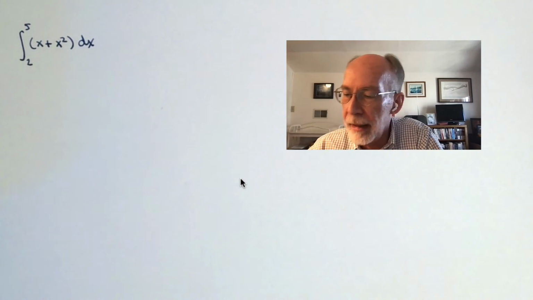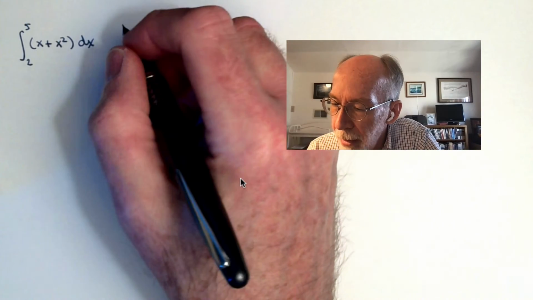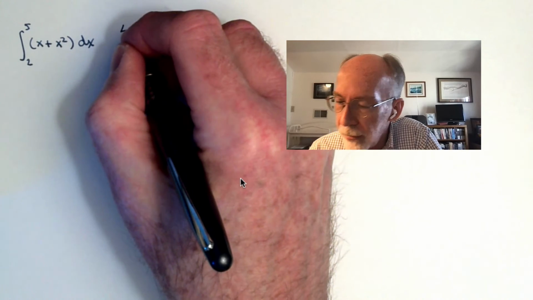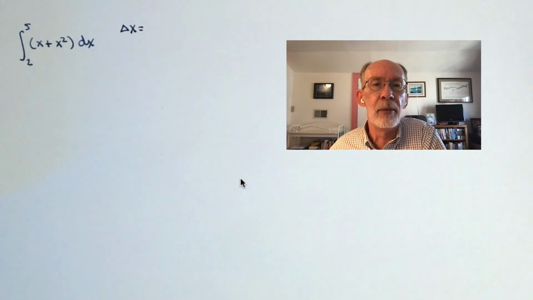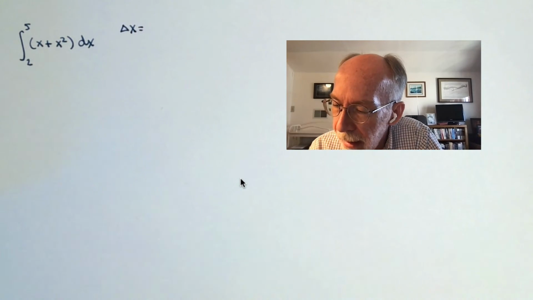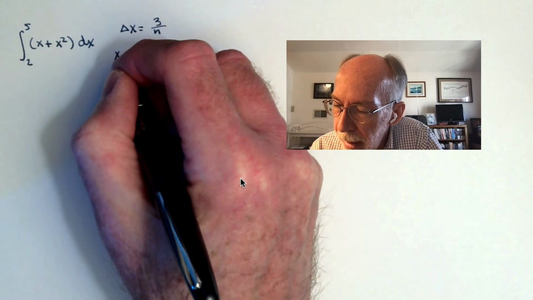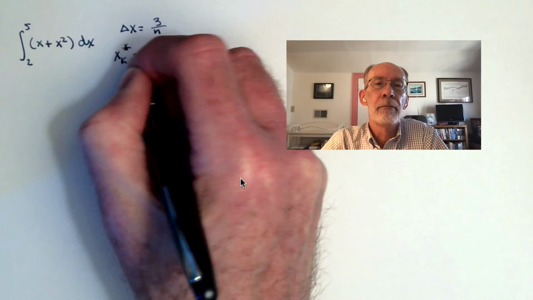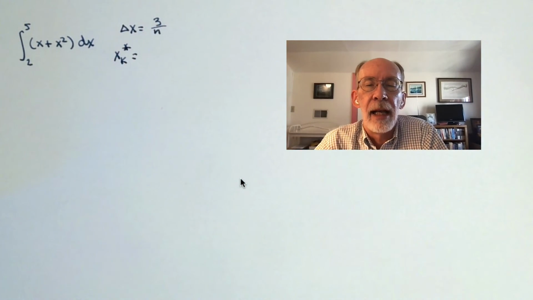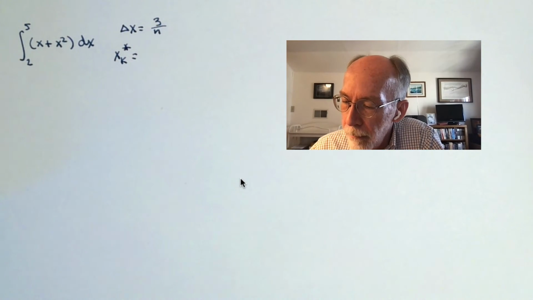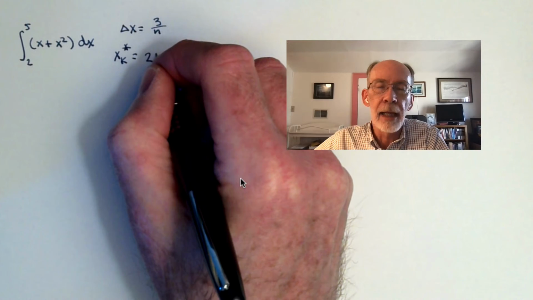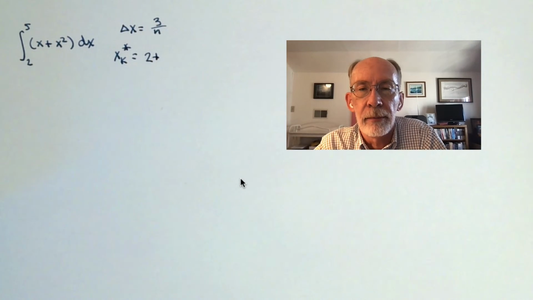So before we begin, or as we begin, we need a delta x. That's going to be the width of the interval, which is 3, since it runs from 2 to 5, divided by n. And we need an x sub k star. And the way we get to a given x on the kth subinterval is to start at a, which is 2, and go the right number of delta x's.